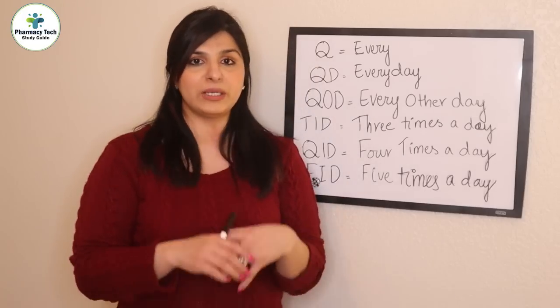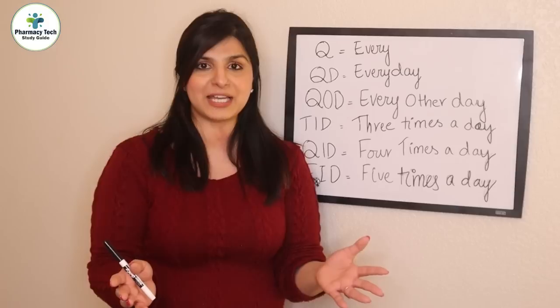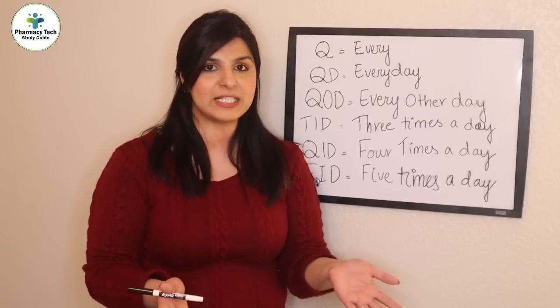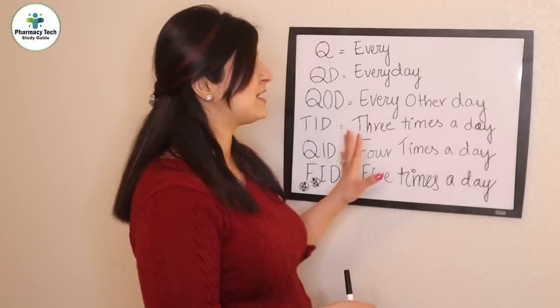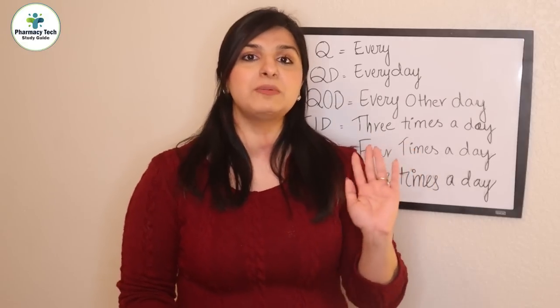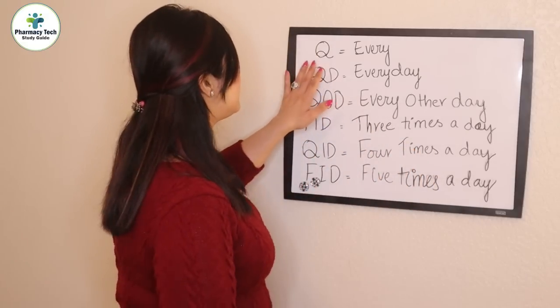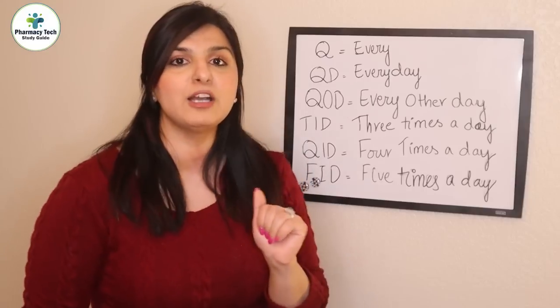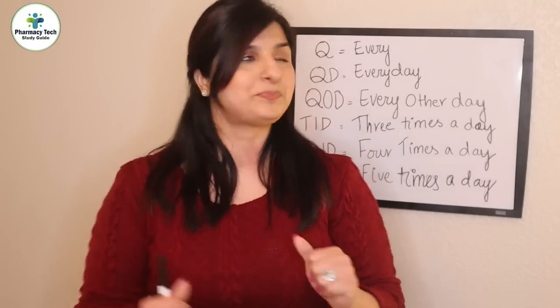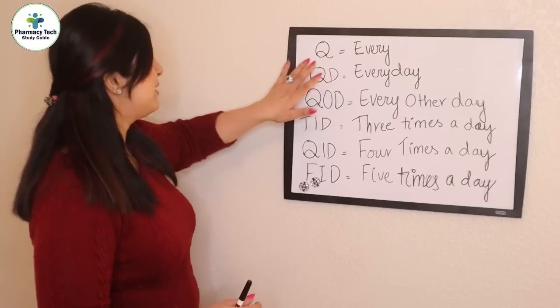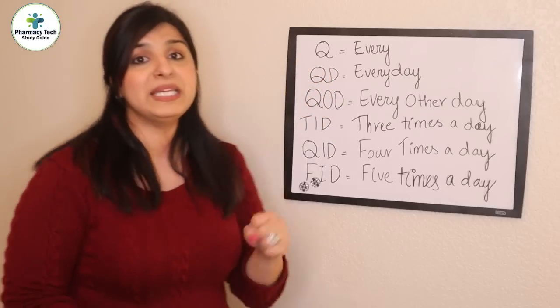See, we use the 24-hour military time. We don't use just the 12-hour time. So that's something to keep in mind before I get into it. And some of the basic letters, if you understand the meaning of them, that's going to be universal across the board, and that would help you navigate the other abbreviations, and you wouldn't have to remember every single one. For instance, Q means every.